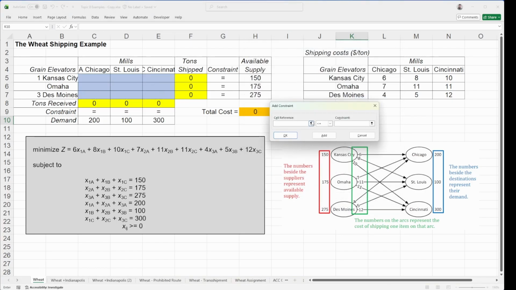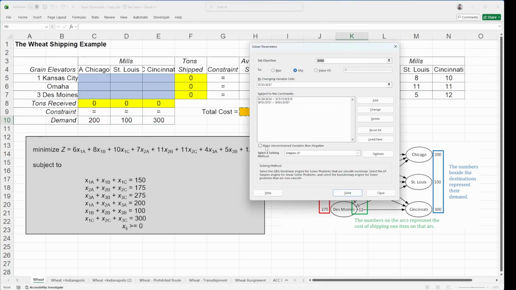The constraints, again, there are 2 sets of constraints. So first, the supply, it should be equal to the available. Okay, and the second one is for the customers. So the yellow cell should be equal to the demand.